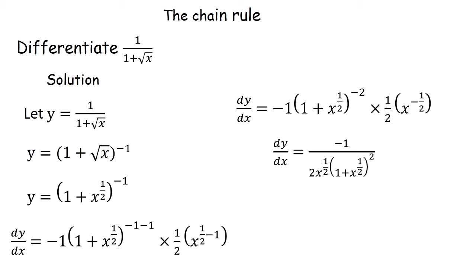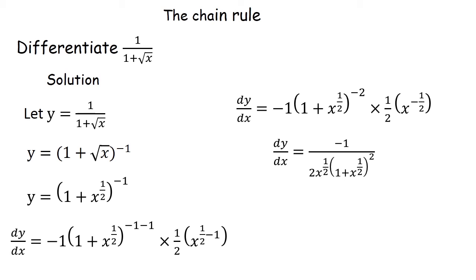So that would give us power negative 2, and these other ones would remain the same. Since these ones are to a negative power, they are going to go down to the denominator. So that is why here we have negative 1 divided by 2x^(1/2), then (1 + x^(1/2)), everything squared.